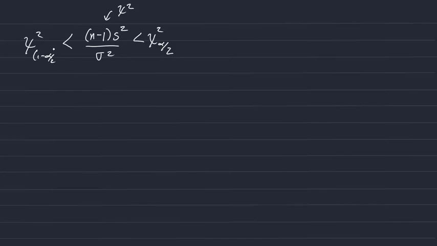To do that, we'll know that the normalized value of our sample variance, which again is this chi-squared variable, is going to be less than chi-squared sub alpha over 2, our right-hand bound, and greater than chi-squared sub 1 minus alpha over 2. And again, this is for n minus 1 degrees of freedom.